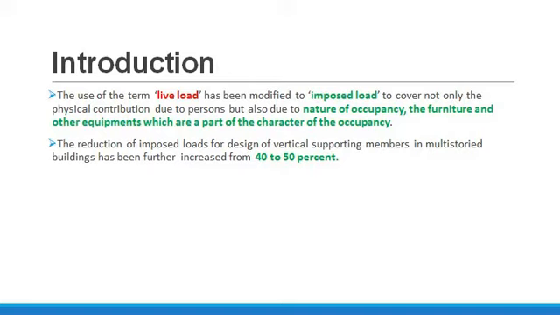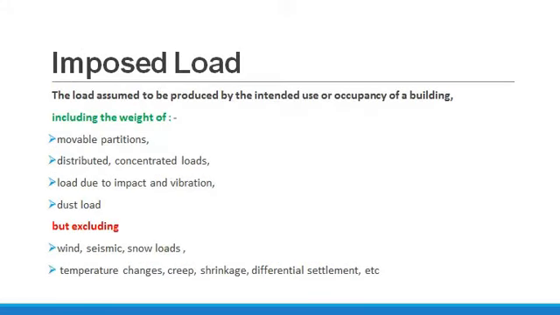Now, the reduction of imposed load for design of vertical supporting members in multi-storey buildings has been further increased from 40 to 50%. The load assumed to be produced by the intended use or occupancy of a building, including the weight of movable partitions, distributed and concentrated loads, load due to impact and vibration, dust load, but it excludes wind, seismic, snow loads, temperature changes, creep, shrinkage, differential settlement, etc. The wind loads, seismic load, snow load, we have different codes for these.